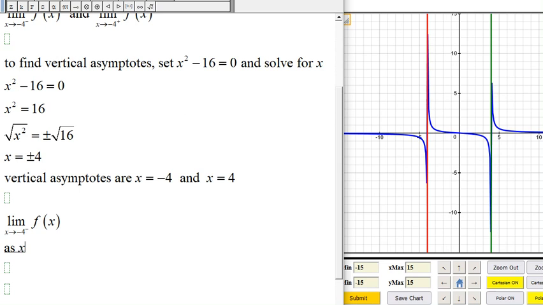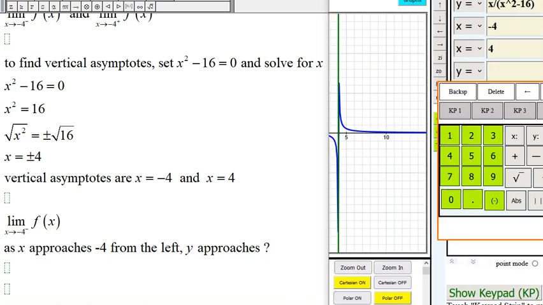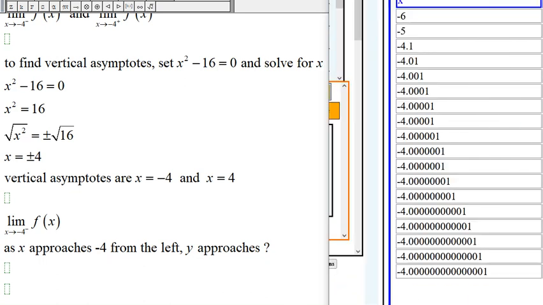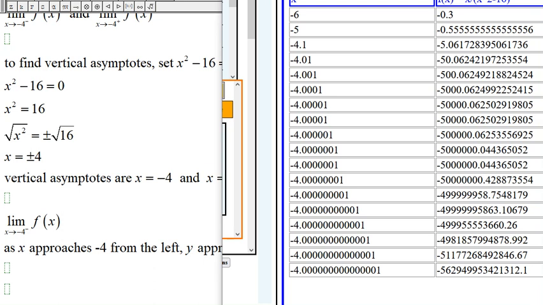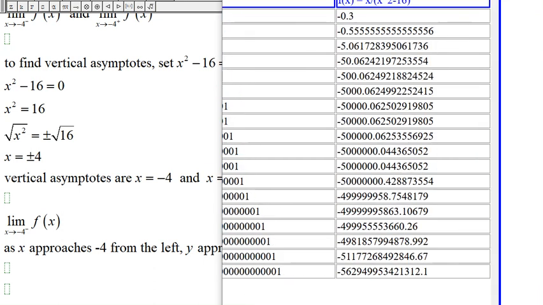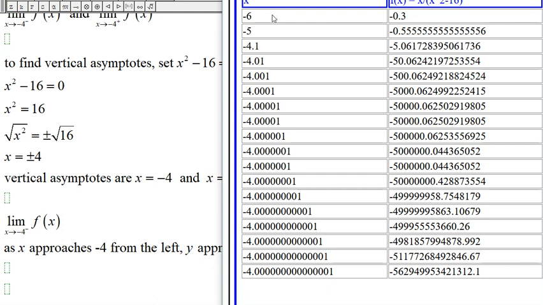So as x approaches negative 4 from the left, y approaches what? That's what we want to know. And so here we're approaching negative 4 from the left side.